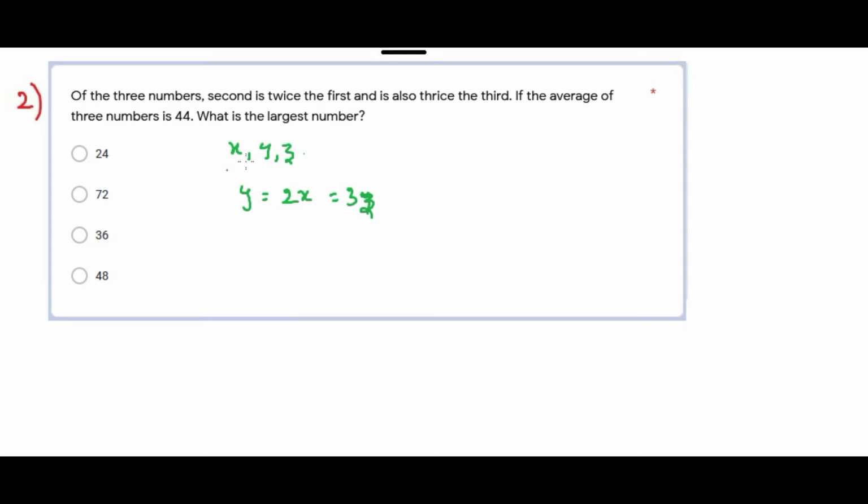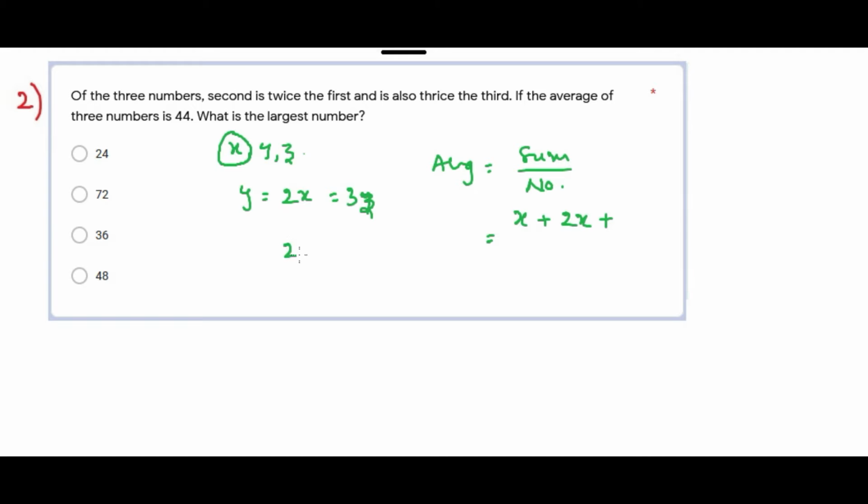First let us take only x, and we will convert y and z in terms of x. Then we will finally see the average. Average is equal to the sum of the observations divided by the number of observations. The sum of the observations: the first one is x, the second one is y, which is 2 into x, and the third one is z.